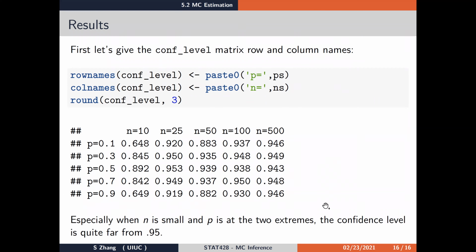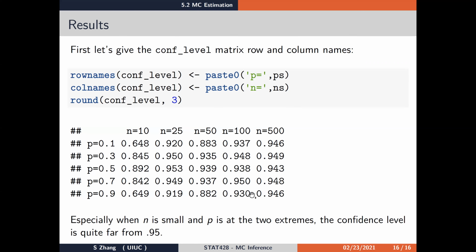And here are the results rounded to 3 decimal places. You can see that when n is large, so when n gets to something like 100 or 500, then no matter what your true p value is, the resulting confidence level is quite close to the theoretical level of 0.95.